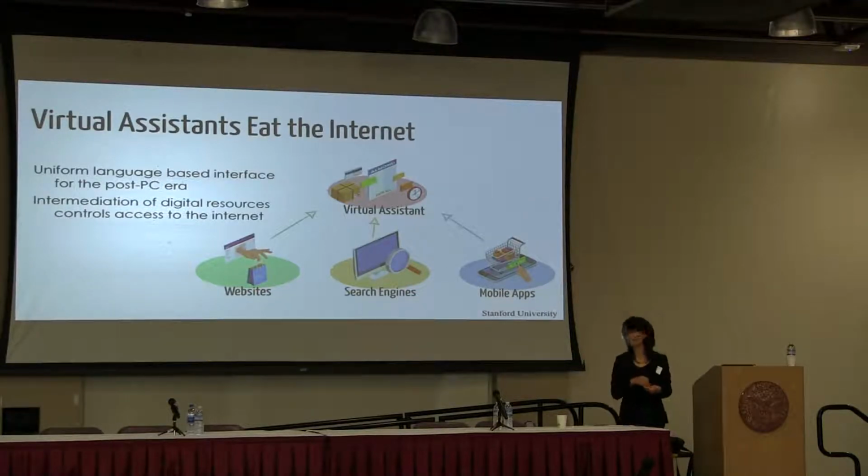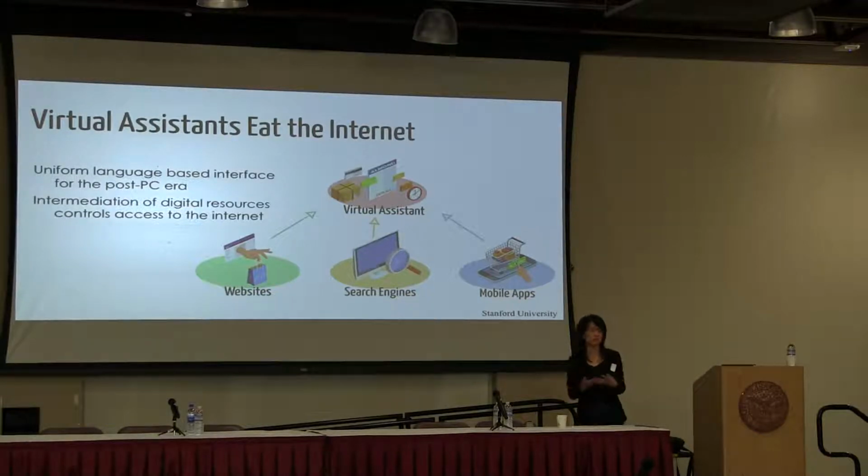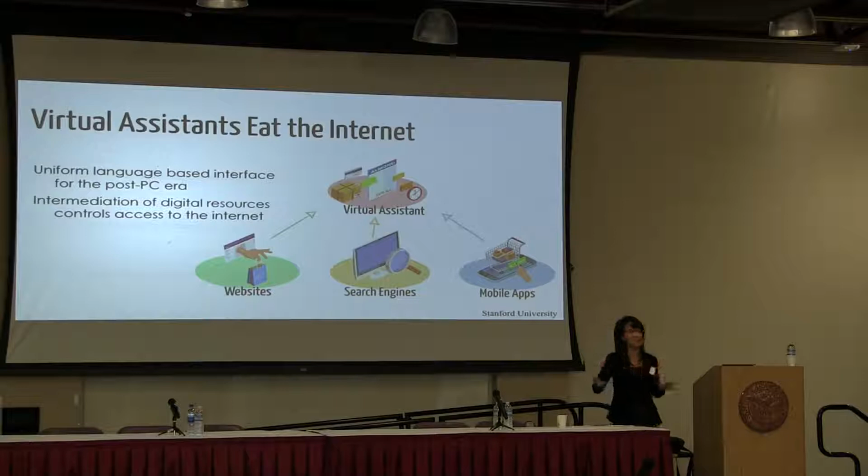Of course, if you are using Amazon, everything you buy will be from Amazon. Everything you search on Google Assistant will be from Google. It's not going to be from Bing. So whoever owns the virtual assistant is intermediating between us and all the different services. They can push any service that they want, and they know everything about you.